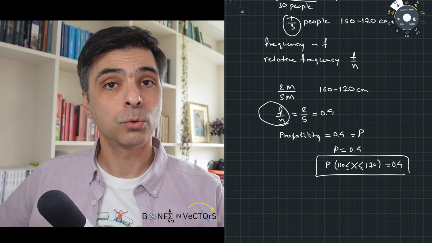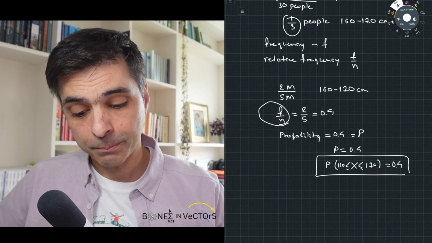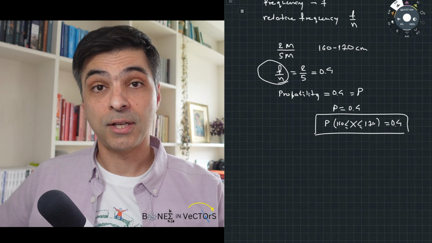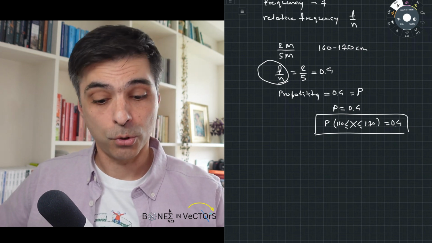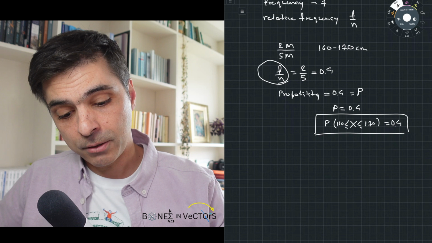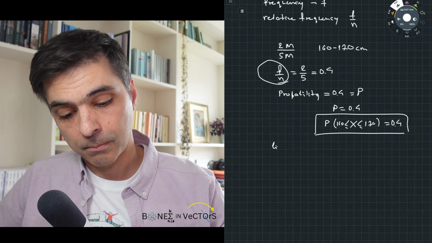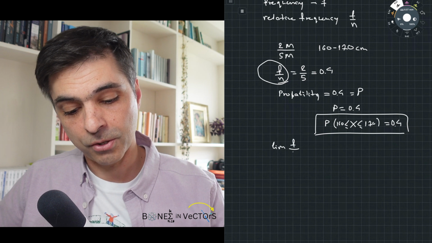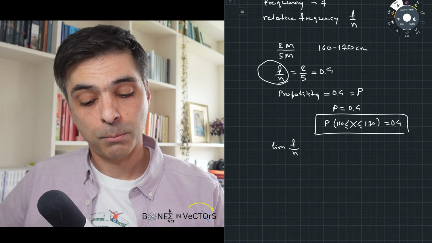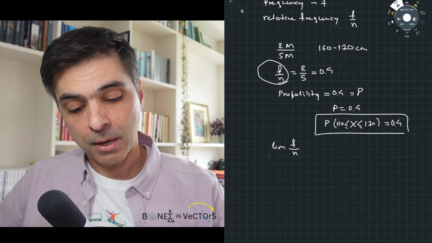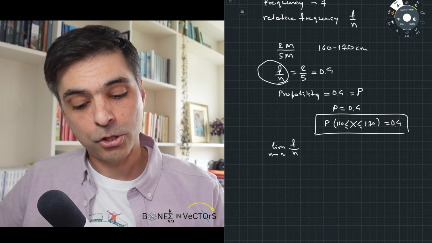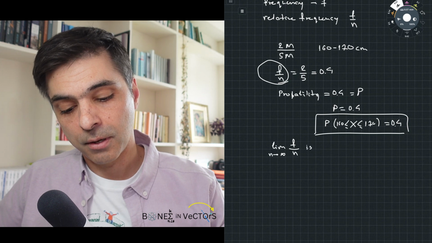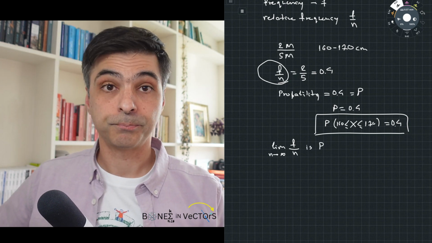Now, to write that down mathematically, not that it matters a lot, but you may see it in statistics textbooks. So the limit of the relative frequency, which is the count divided by the sample, as the sample size tends to infinity, is the probability.